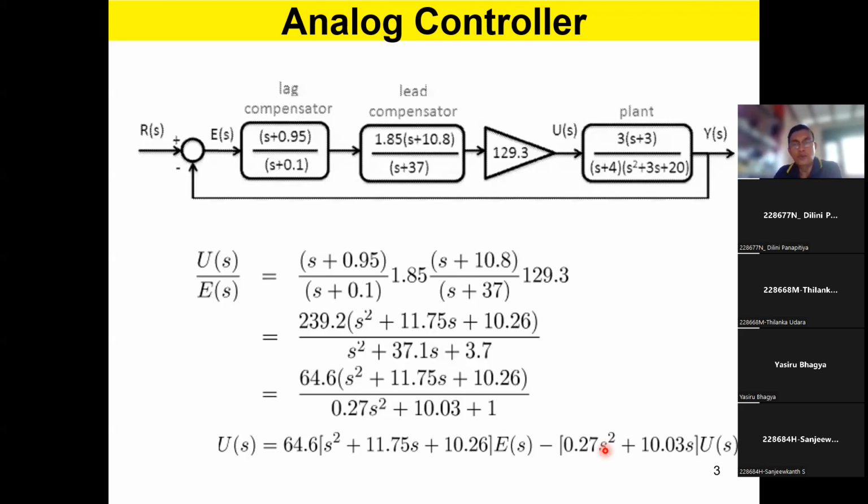But if you want to do a digital implementation, a discrete controller, you need to get rid of these s terms. s is differentiation; s squared is 2 differentiations. So you need to replace these s terms with numerical approximations of the differentiation.